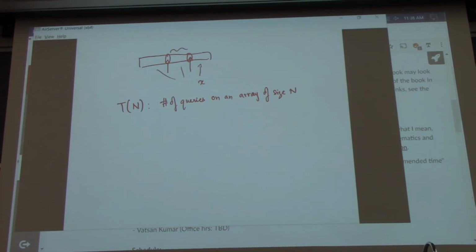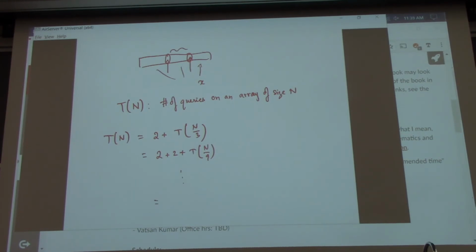So now what you're saying is that T(n) is 2 plus T(n/3), because you do 2 queries up front. Right, so that's what you're doing. So now you can solve this, right? So it's like you get 2 plus T(n/9) and so on.